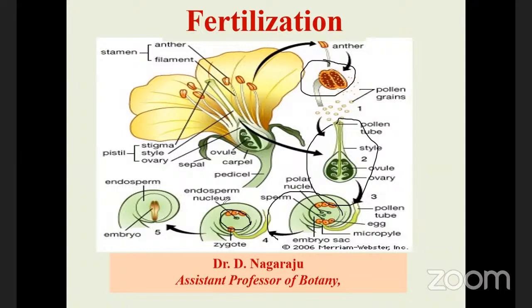And then now we are going to discuss the fertilization process, how the fusion of male and female gamete is taking place. That we will discuss. The whole process, important process in the formation of seeds and next generation plants.